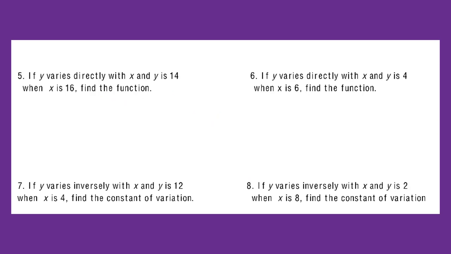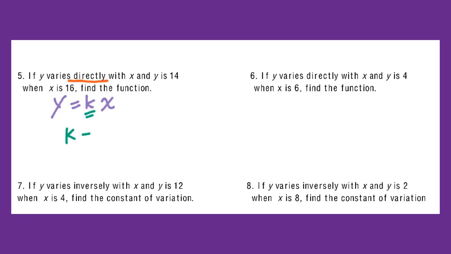Now let's go to number 5. If y varies directly with x, the keyword is directly, that means a direct variation. y is 14 when x equals 16. Find the function. We know the function will be y equals kx. So basically, I'm looking for k so that we can get the linear function.